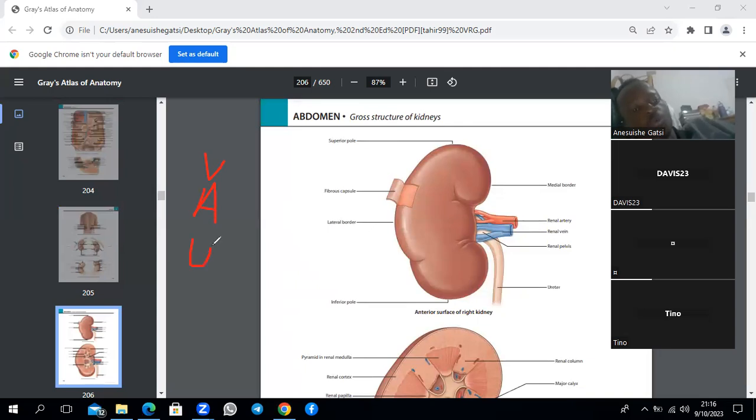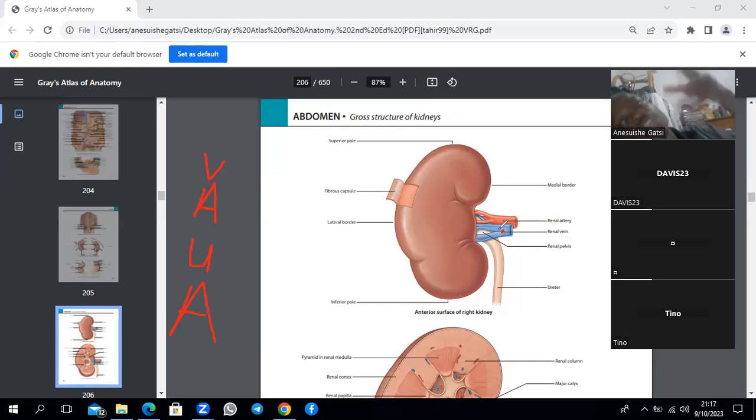So remember, there is a renal vein, there's a renal artery, then there's the ureter. When you go onto the hilum of the kidney, the order of structures from anterior going posterior is the renal vein, which you can see in blue here. Then there is the artery.